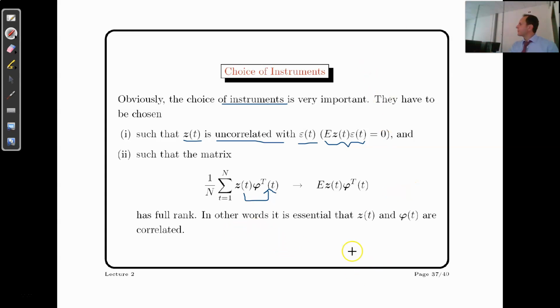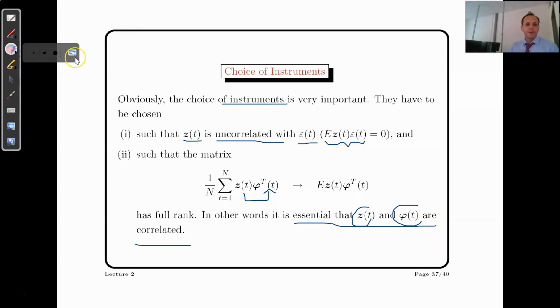In other words, this is the point, it's essential that Z and phi are correlated. So how you can generate an instrument which is correlated with phi is quite simple.